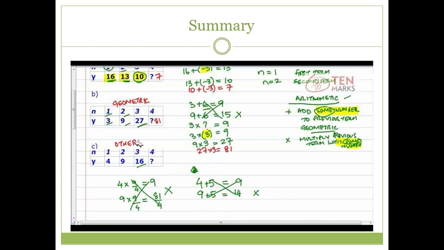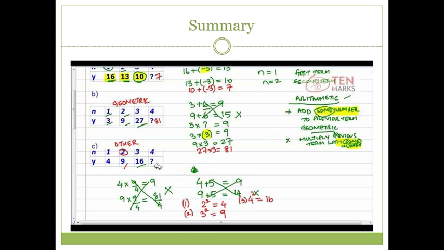But let's figure out what type it is. What do I see? The first term is 2 squared, which is 4. The second term is 3 squared, which equals 9. The third term is 4 squared, which equals 16.